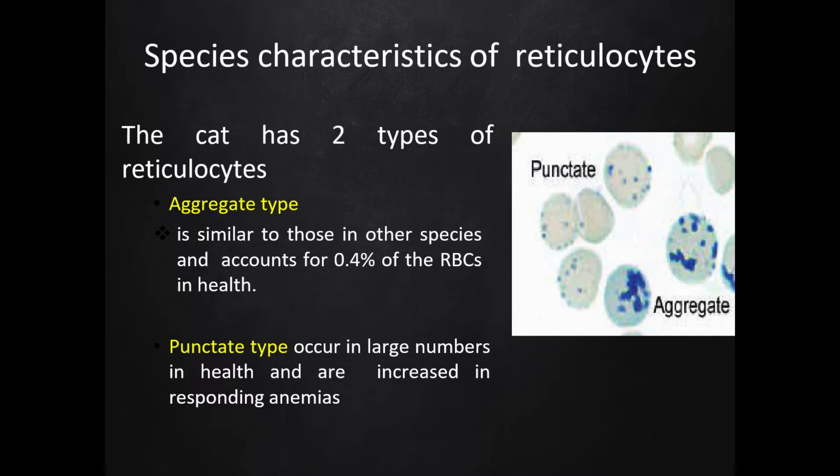The aggregate cells are cells with large aggregates of reticulum, whereas the punctate, as you see in the picture on the right, usually occur in large numbers in healthy cats and usually increase when there is a responding anemia.